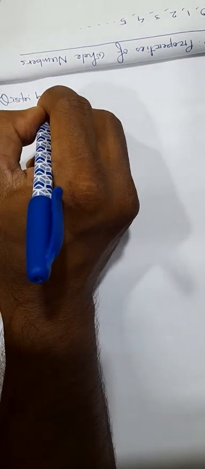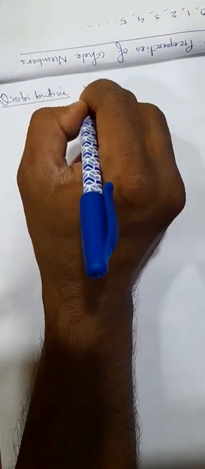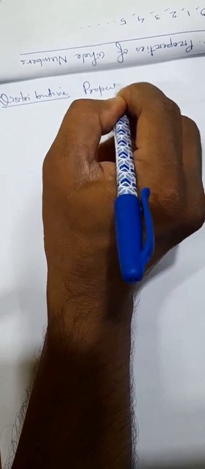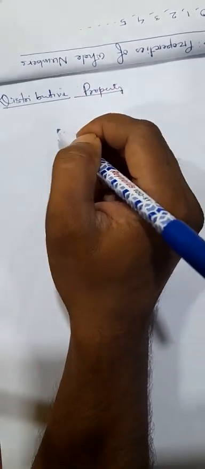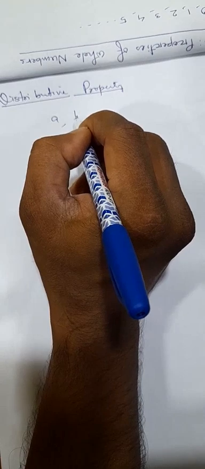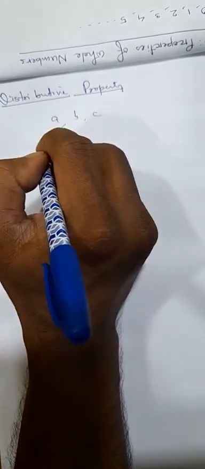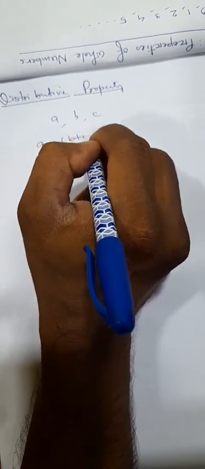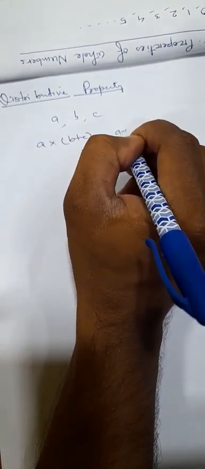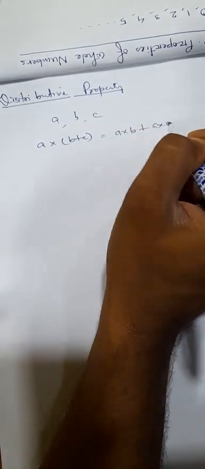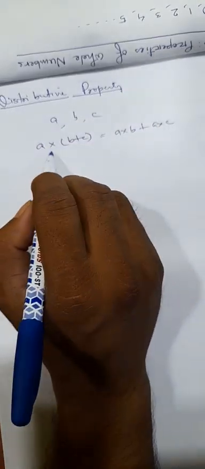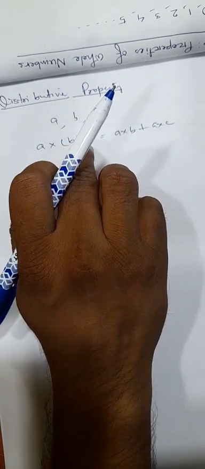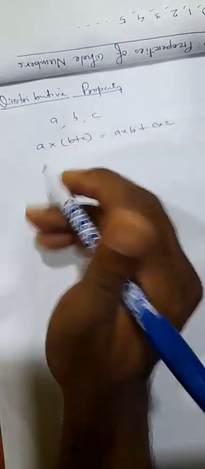Next we will discuss about distributive property. Suppose there are three whole numbers A, B and C. Now you find like A into (B plus C) equal to A into B plus A into C. Means you are distributing the operation of multiplication with the numbers within the parentheses.